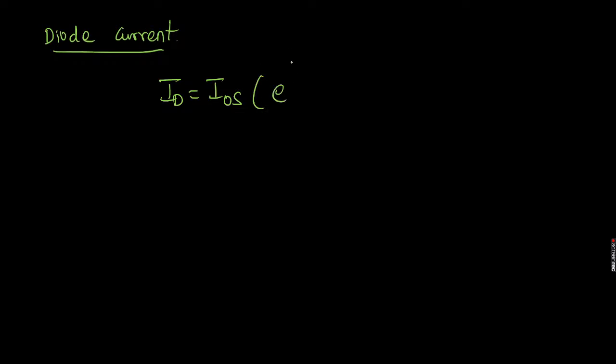Next, this is the cut-in voltage. Another most important formula you should remember is the one to calculate the diode current. The diode current Id is equal to Is, the reverse saturation current, into e power Vd upon n times Vt, minus 1. Here, Id is the diode current.